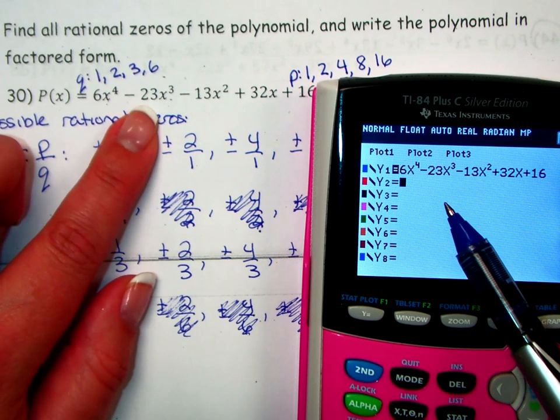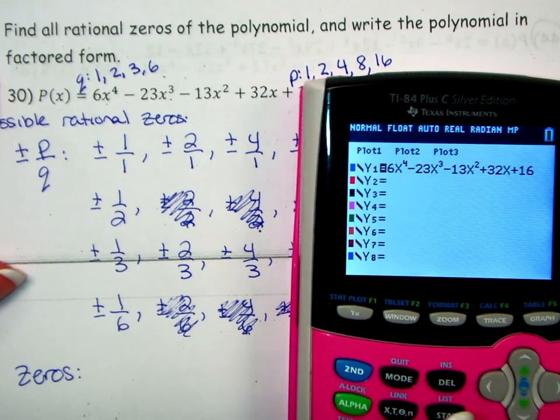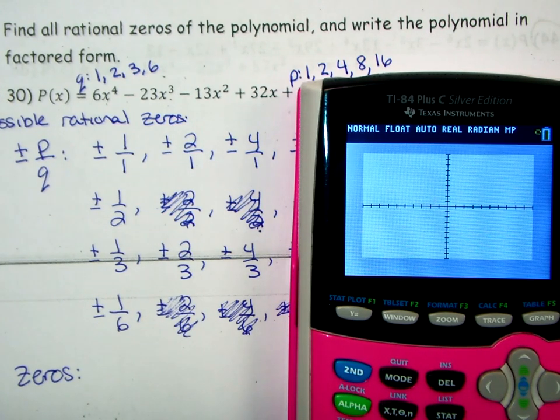Double check. Looks good. And so on the graph, hopefully it's touching or crossing 4 times. Ooh, there's a fraction.